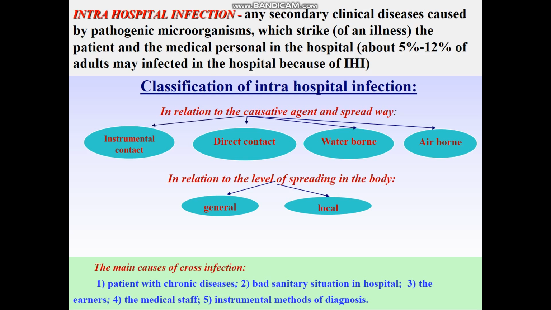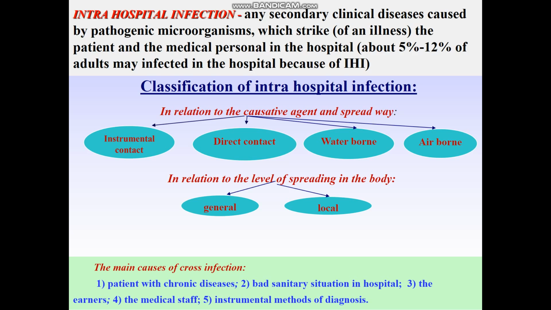Hospital infection. Any clinically distinguished infectious disease which affects the patient as a result of his hospitalization or visit to hospital with the purpose of treatment, or the medical personnel by virtue of their activity, regardless of whether symptoms of this disease are shown or not during the stay in hospital.